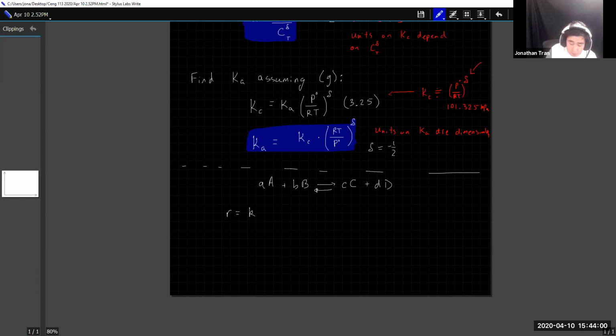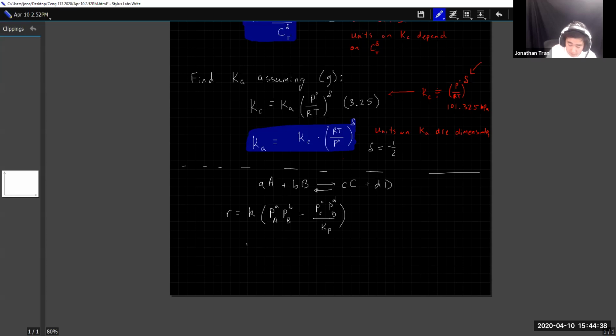The general form of that is going to be written as k times the partial pressure of A to the power of a, partial pressure of B to the power of b, minus the partial pressure of C to the power of c, partial pressure of D to the power of d, over K sub P. And notice here I use K sub P, not K sub C, again because we're doing things in terms of pressure. So this equilibrium constant is going to be different than K sub C in terms of the value for a given reaction.